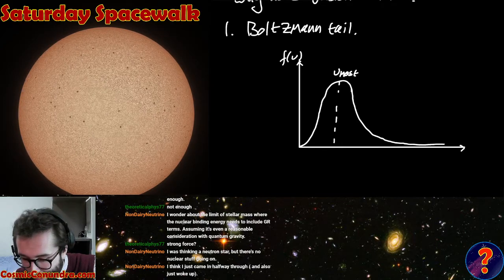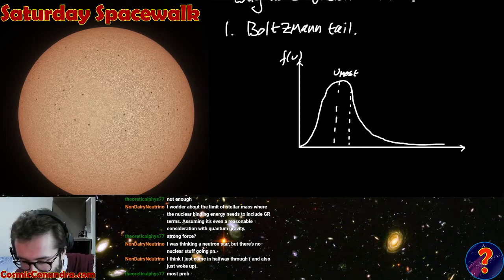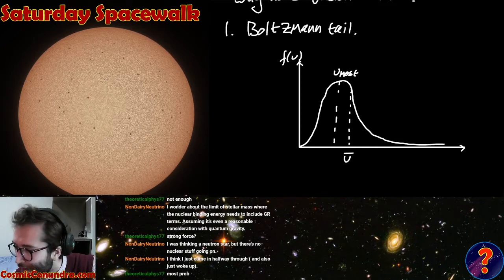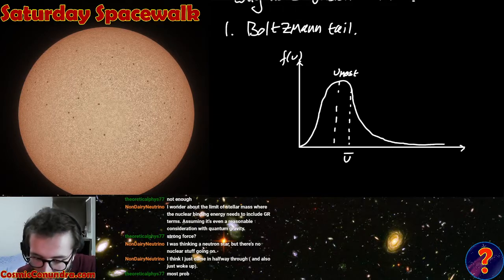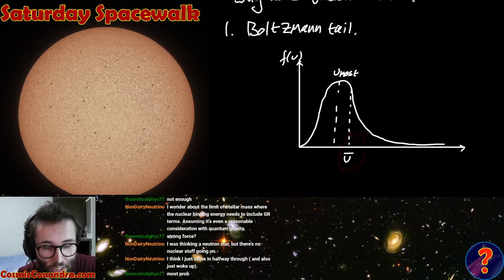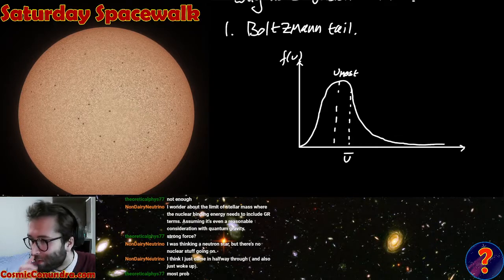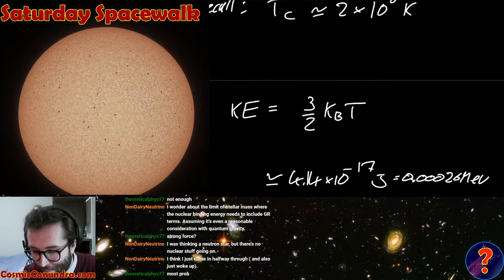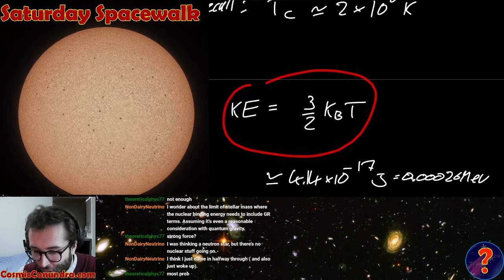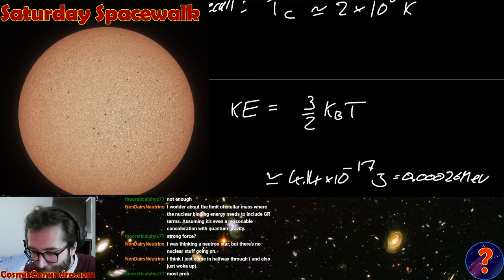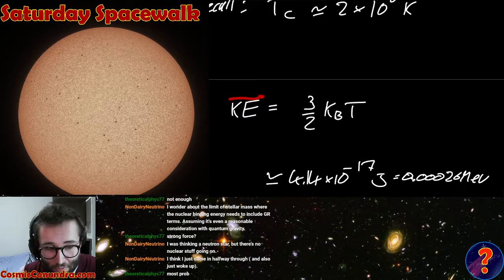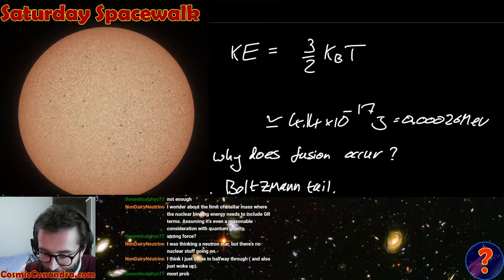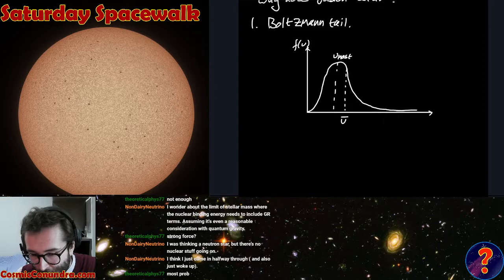Then if you calculate the mean, it is somewhere around here, and here is the mean velocity. This is what we've been calculating when we worked with the kinetic energy of 3/2 k_B T. This is the mean kinetic energy, but it's not the kinetic energy of every single particle, because their velocities are distributed differently.